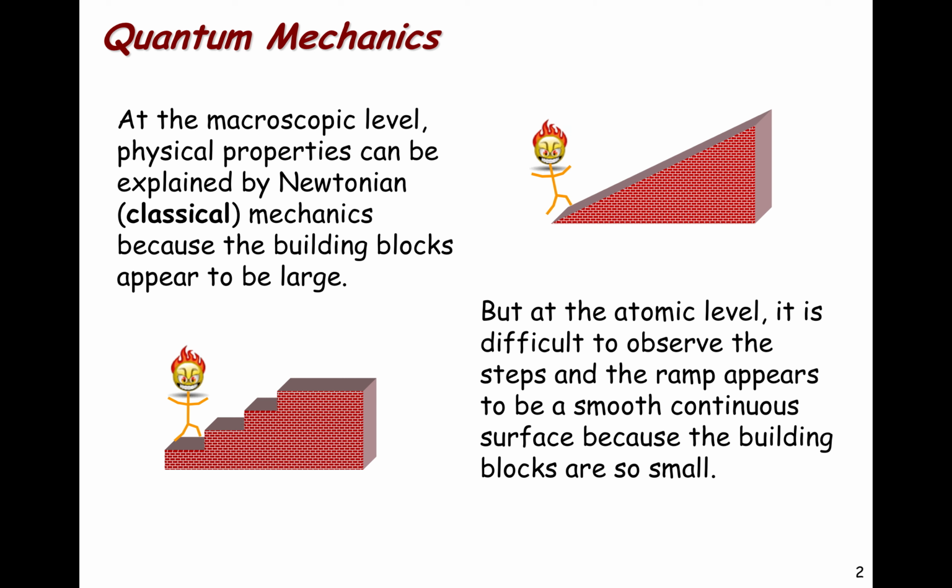Therefore, the surface of the ramp might appear to be relatively smooth. If the building blocks for making the ramp were indeed essentially atoms, then we would not be able to discern anything about the series of steps associated with each layer of the ramp.